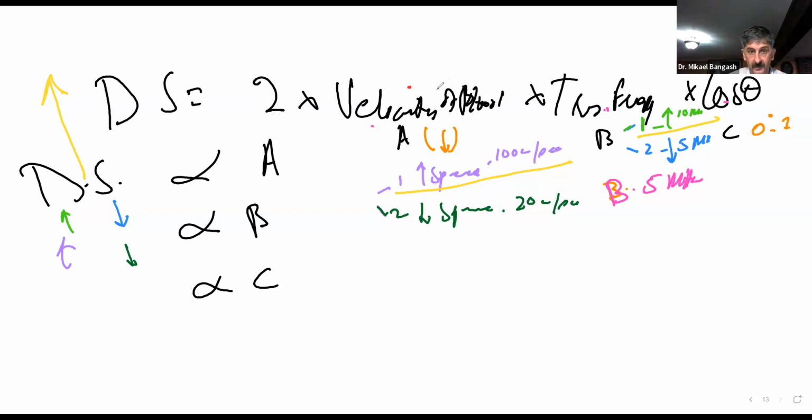But individually, all these three are directly proportional to your Doppler shift: the velocity of blood, the frequency of the transducer, and the cosine value of the angle.